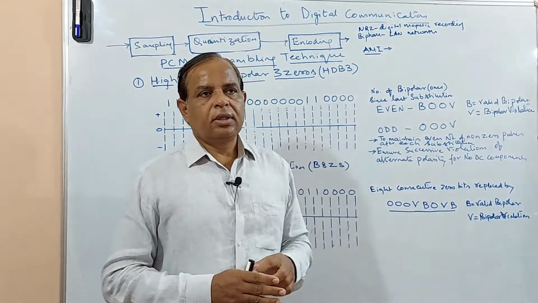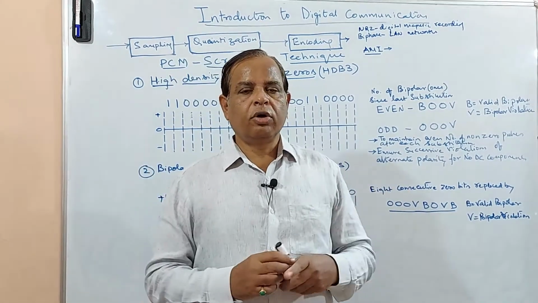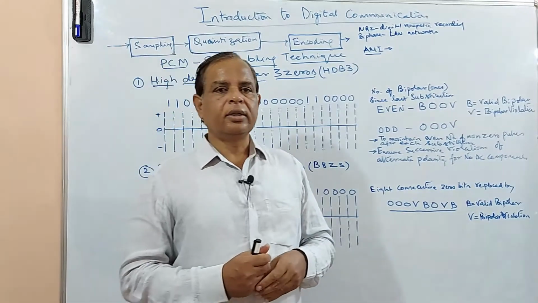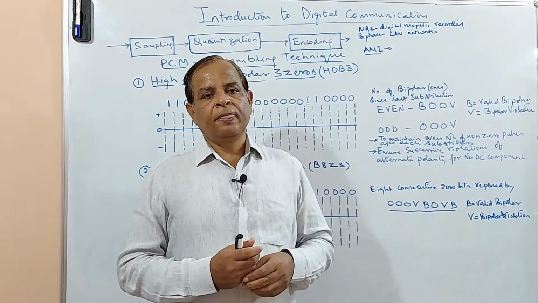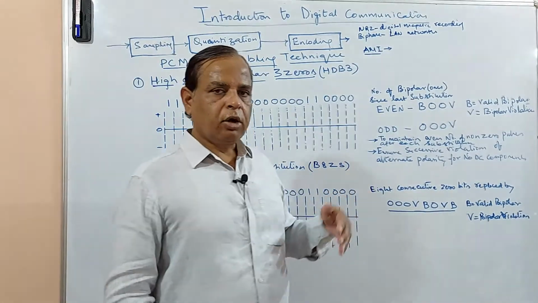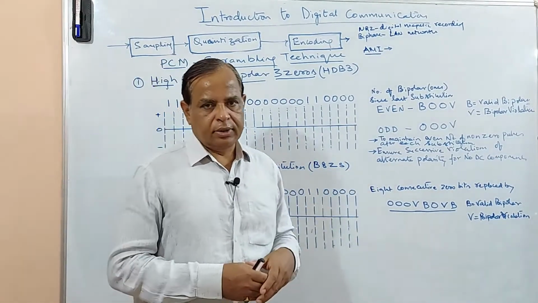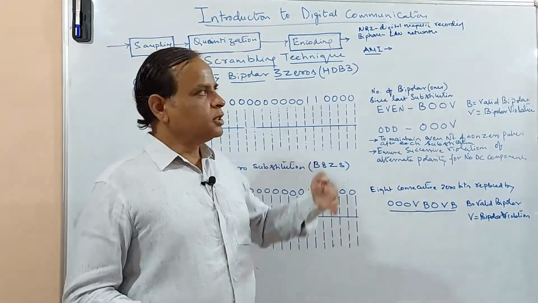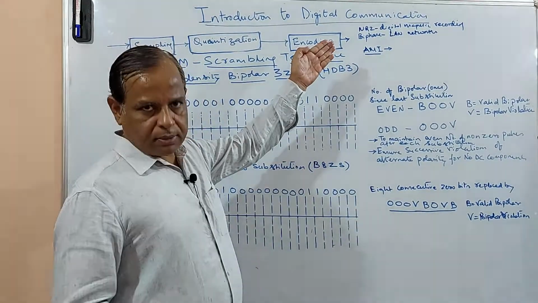But for long distance transmission, the bandwidth requirement is high and the cost of the transmitter system will be more. That is the reason it is adopted in local area networks, within small distances.